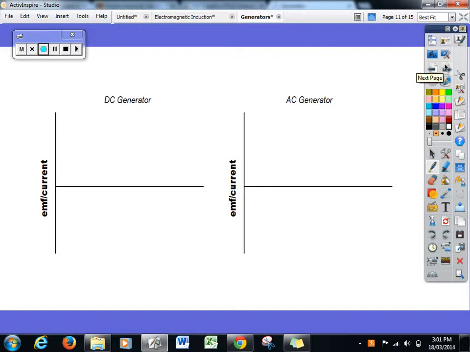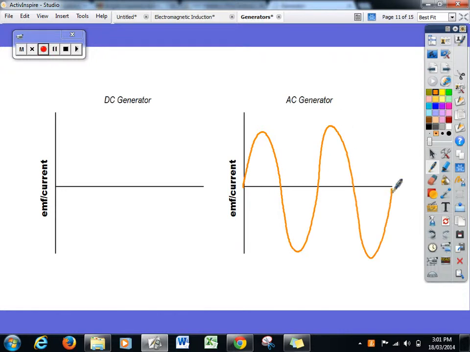The last thing is, what are the two currents looking like? Okay, now DC, let's go to AC generator. An AC generator creates electricity that goes up and down in a sinusoidal way.